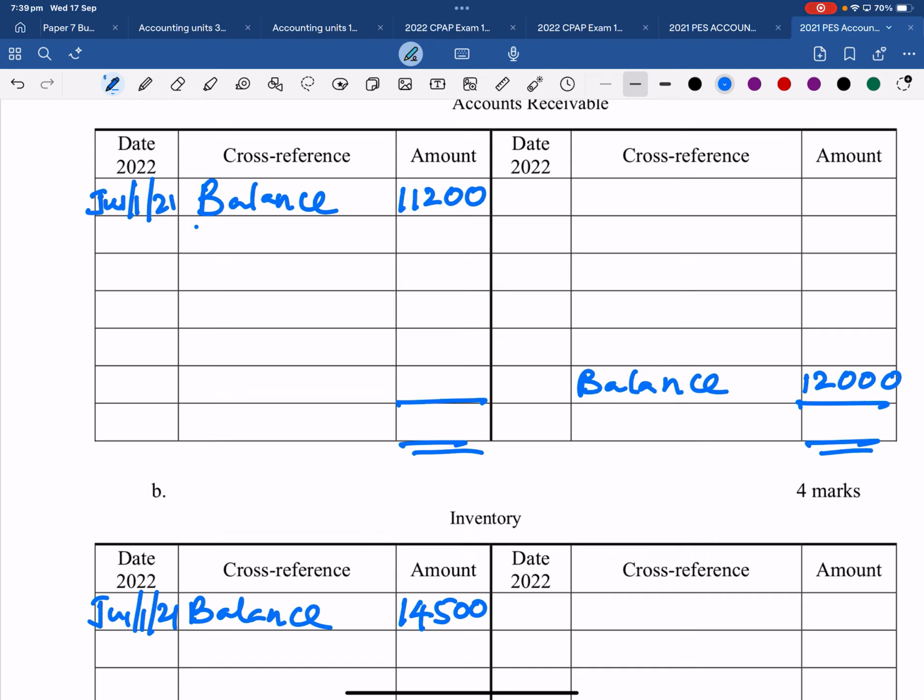Is that correct? Do you debit the accounts receivable? Yes, sales, GST clearing. The date is June 30th. You don't have to worry about the year, because they have put 22 here. I just put the 21 because it's a different one.